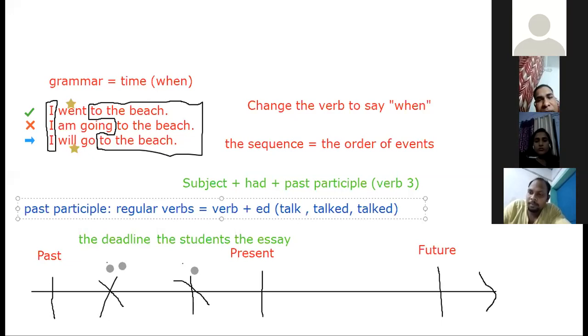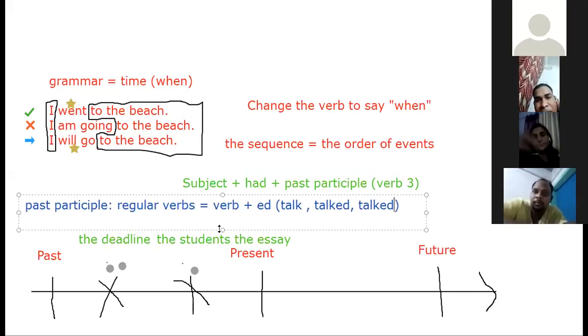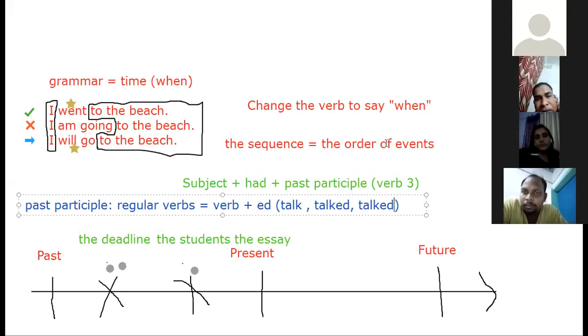Talk, talked, talked. So we have verb 1, verb 2, verb 3. But how do we know for irregular verbs, right? Many verbs are regular, but many verbs are irregular. So for irregular verbs, Raj, how do I know, or what do I do?